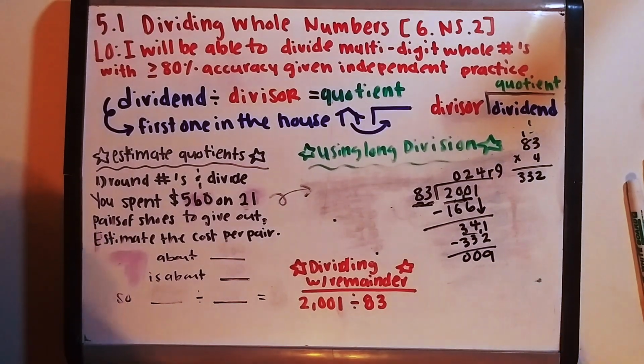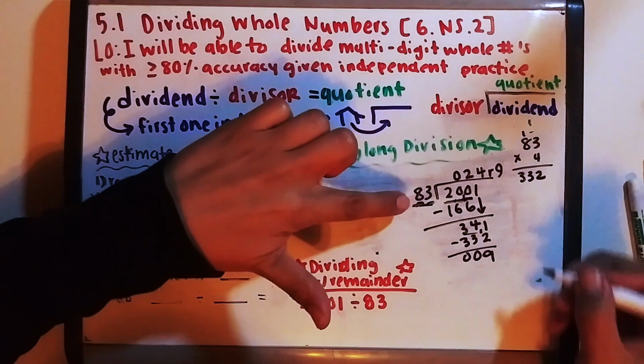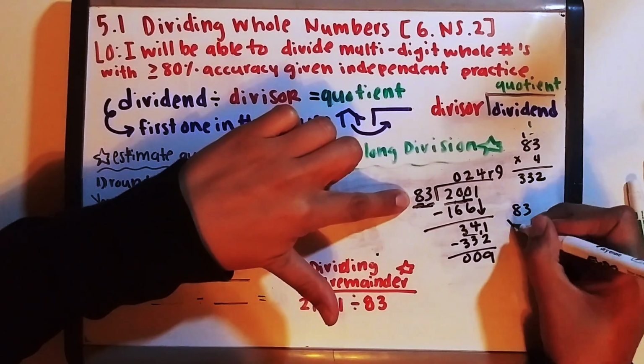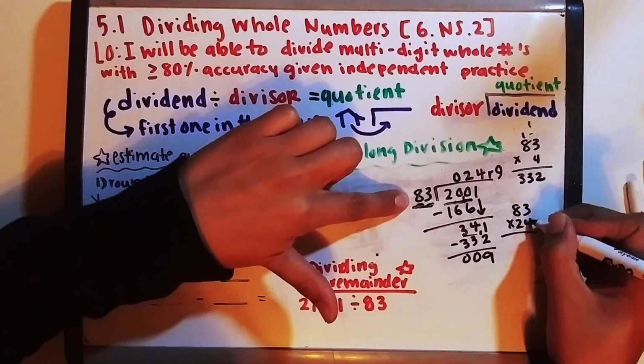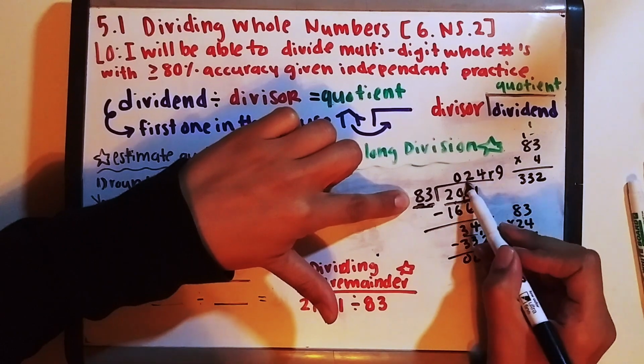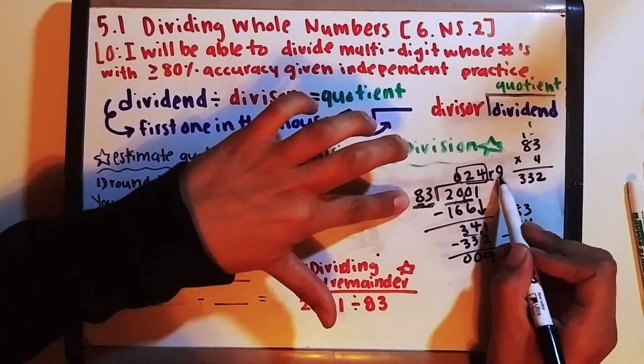And again, to check your division, what you do is you do 83 times 24. So you multiply your quotient, which is just this right now, and then I'll add this one.